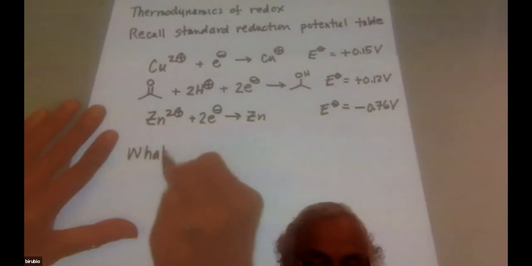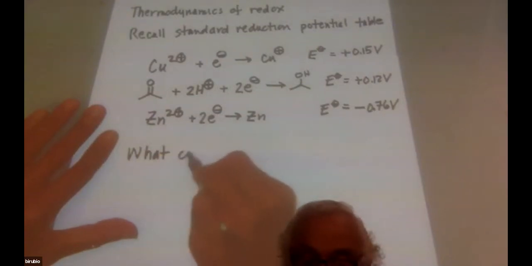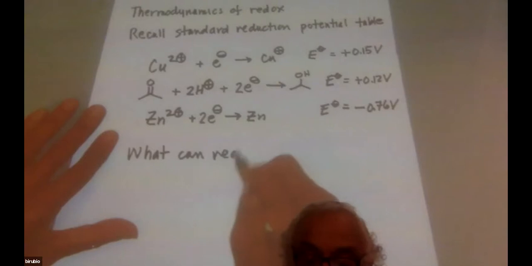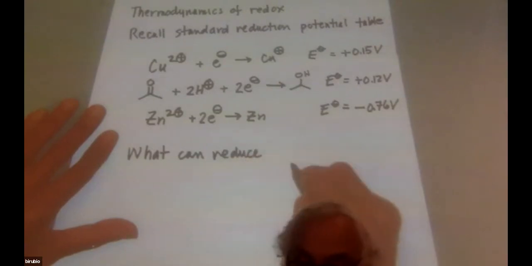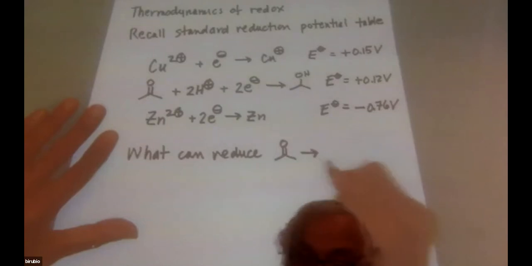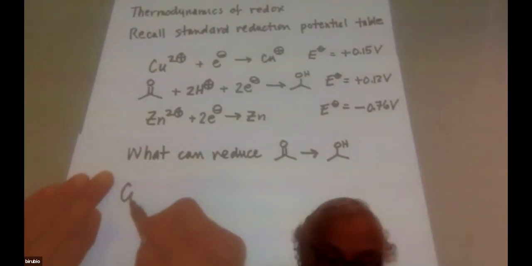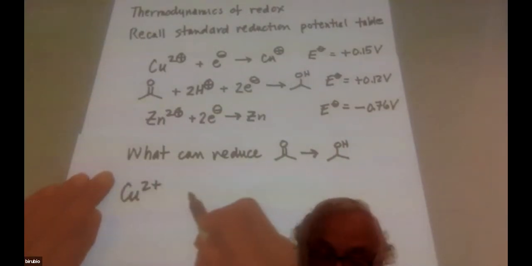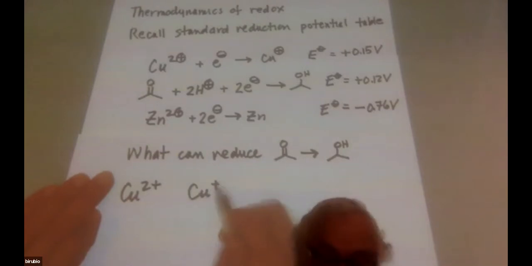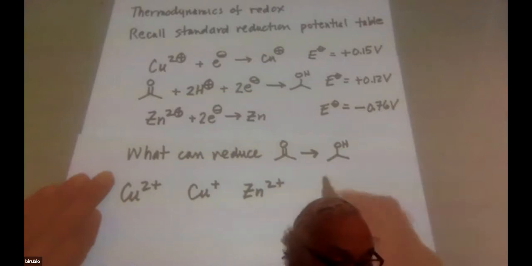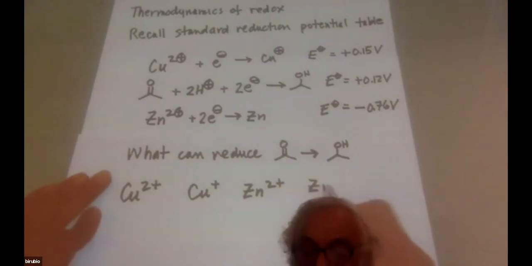What can reduce a ketone to an alcohol? Here's your menu of choices. Copper 2+, copper plus, zinc 2+, or zinc metal.